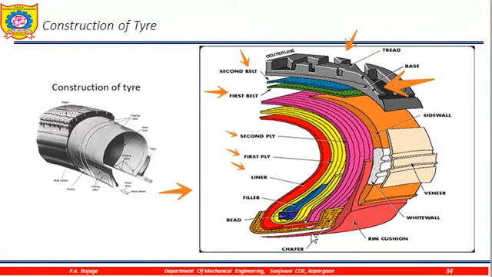At the rim part you have the bead. At the outermost section you have the rim cushion, and the side wall of the tire. So these are the cut section components of an automobile tire.